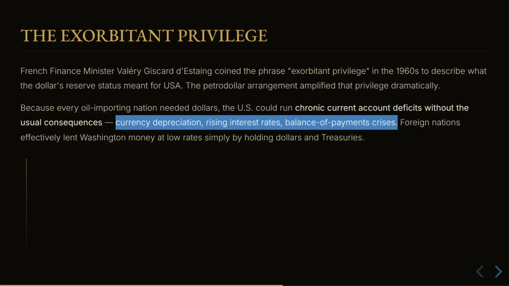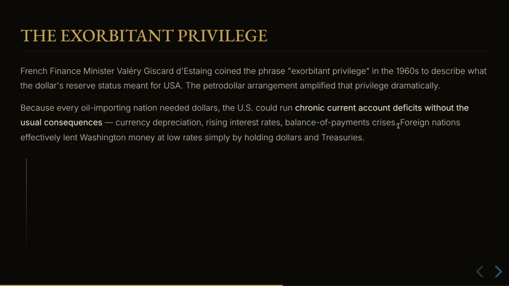But if you do that, first, the currency will depreciate, which will have the opposite effect of the petrodollar, which is that prices of foreign goods will increase instead of decrease. Rising interest rates, balance of payments crisis, because now it becomes difficult to pay the debt, foreign debt.